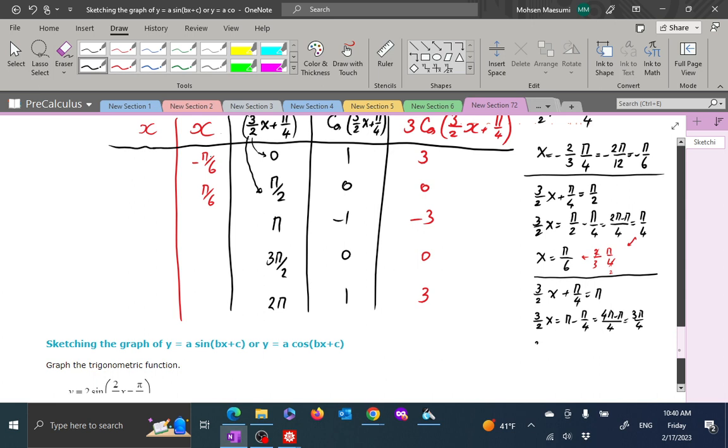So 3/2 x, I can figure out x, 2/3 of 3 pi over 4. When you simplify that, the 3's cancel, and 2 and 4 give you 2, or leave it the way you want it. So this is pi over 2.